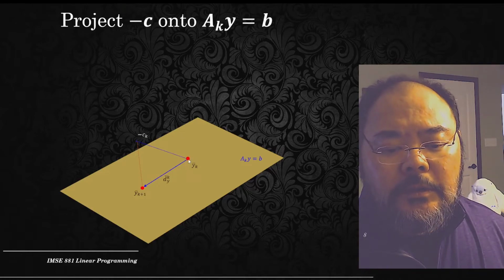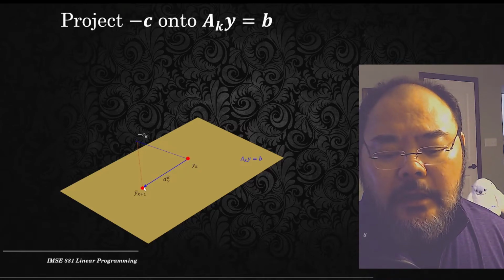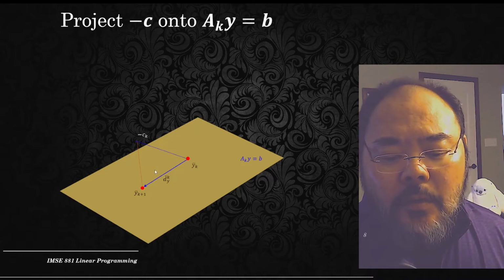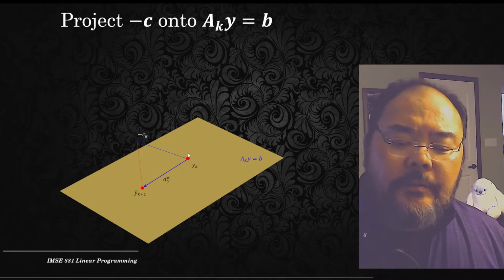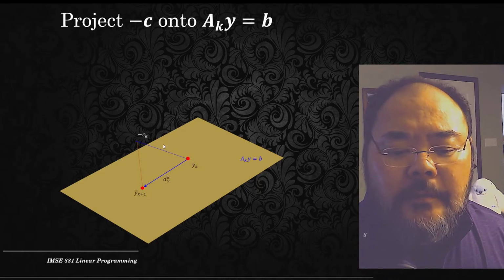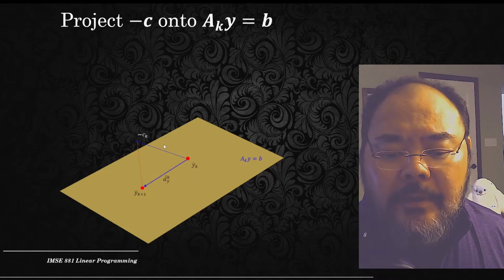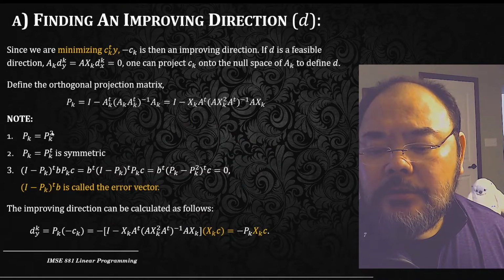So this red point is the current solution yk, and after following the direction of dyk, we can reach a new data point, yk plus 1. This is the basic concept. First, let's look at the first property in the previous slide. Why is PK equal to PK squared?